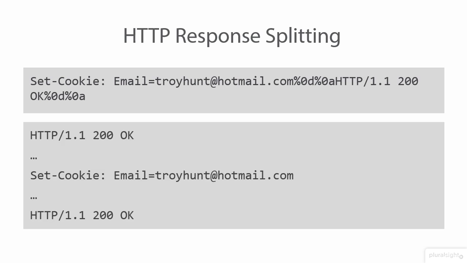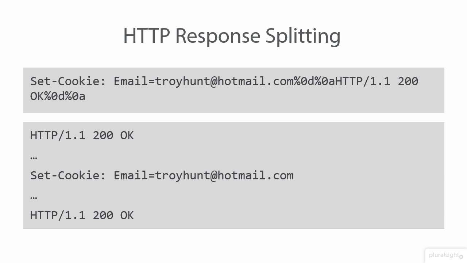Now what we're actually seeing here is really two responses, because each time we start with that HTTP version, that is the start of a new response. So by passing this carriage return line feed in the request and then having that reflected in the response, the attacker is able to split the response.